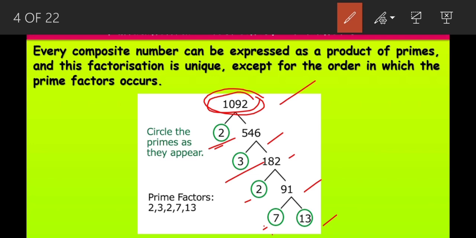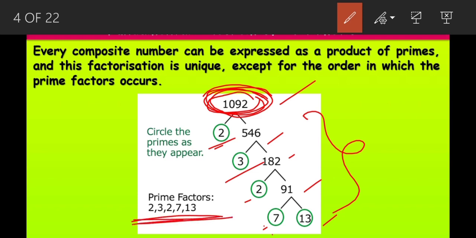So if a composite number is given, we can write it in terms of prime factors. If I multiply these 2, 3, 2, 7, 13, the product of these prime factors will give this composite number.